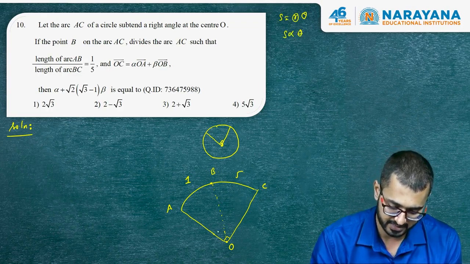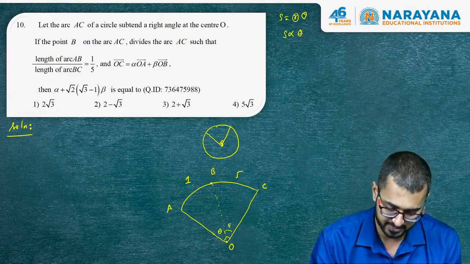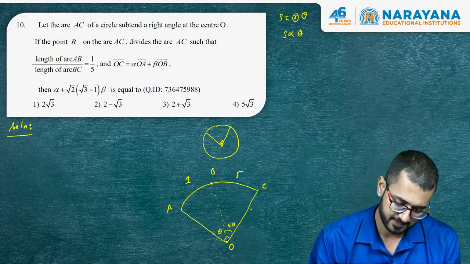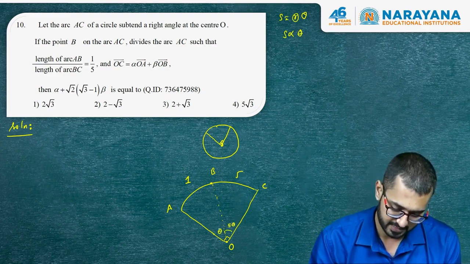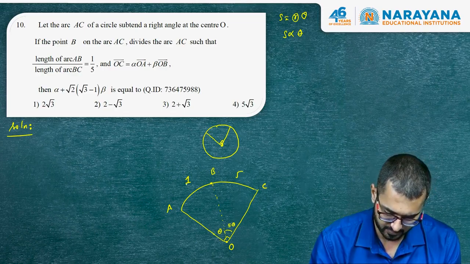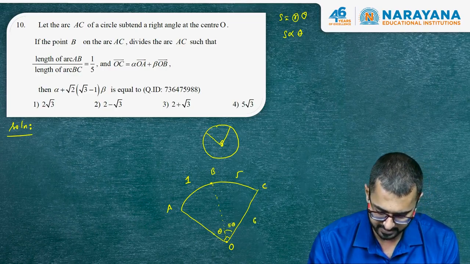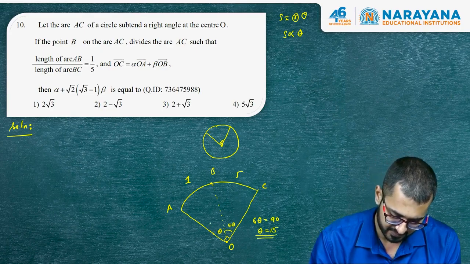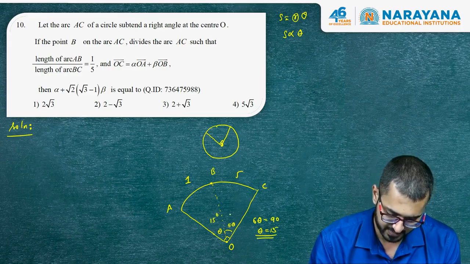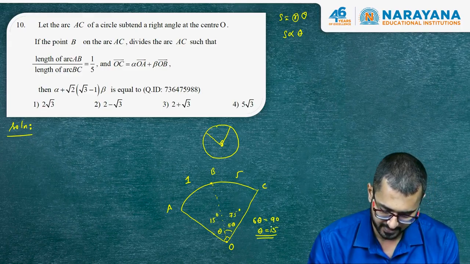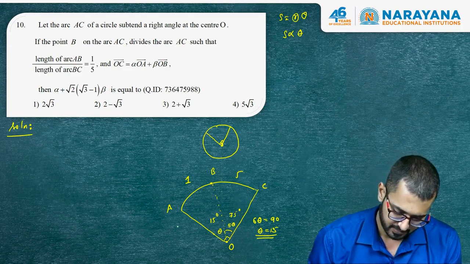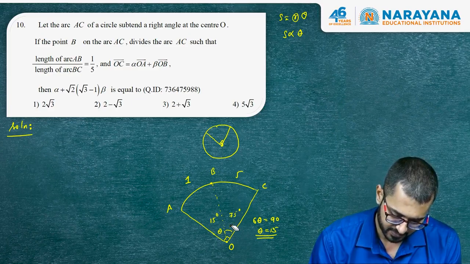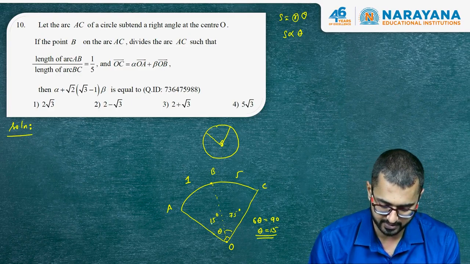If this is theta, then this will be 5 theta. So 6 theta is equal to 90, so theta is equal to 15. That means this angle is 15 degrees and this angle is 75 degrees. That divides in the ratio 1:5, so that's correct.